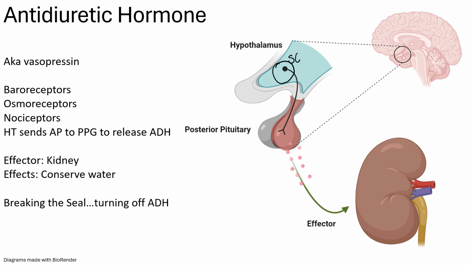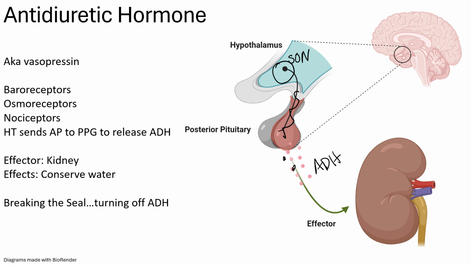This is the supraoptic nucleus right here. The supraoptic nucleus sends an action potential down this axon right here and tells the posterior pituitary gland to release ADH.